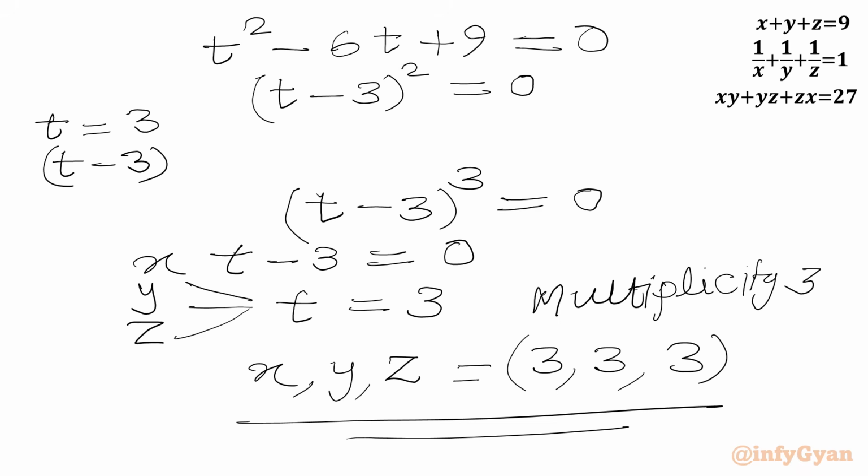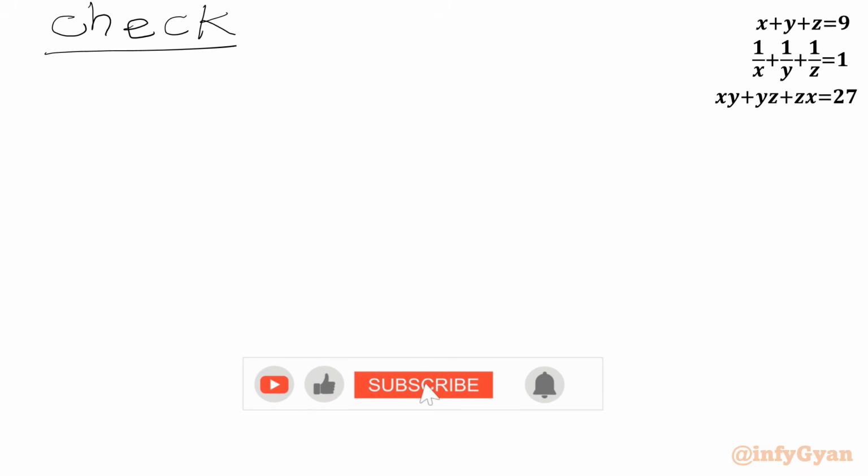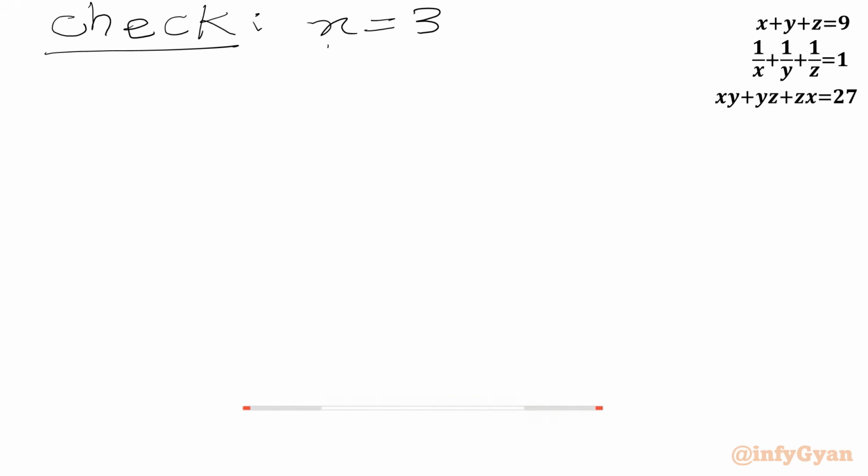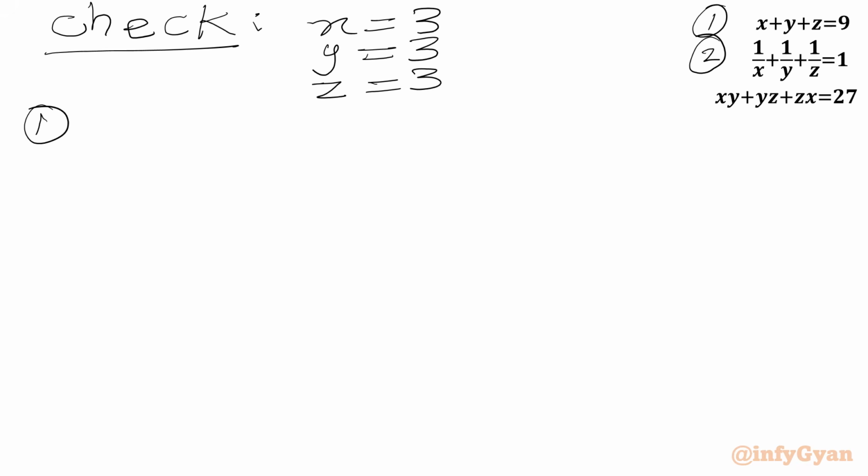Let us verify. So we will write here check: x equal to 3, y equal to 3, z equal to 3. If I check our first equation, which is written here, this is equation 2, and here we have equation 3.